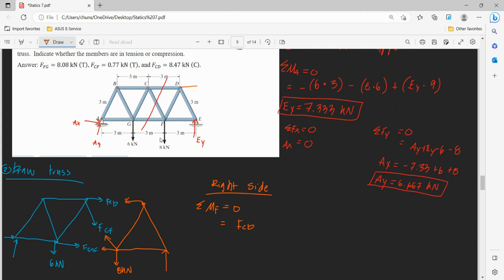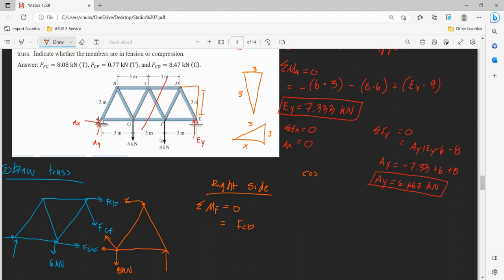Let's find it. So we want this distance here. So this is 3, and we have 3 here. We want this distance here. This is 3 and 3.